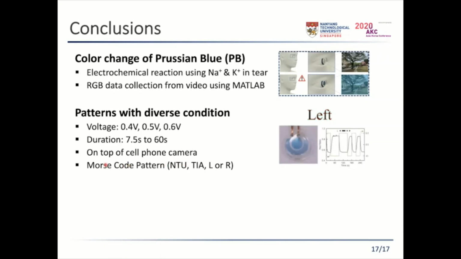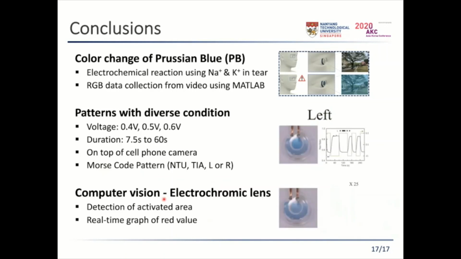Clear color change was shown on top of a cell phone camera and a Morse code pattern was demonstrated. Finally, computer vision was used for video processing of the electrochromic alarm system. It detects the activated area without presetting of position, and a real-time graph was obtained.